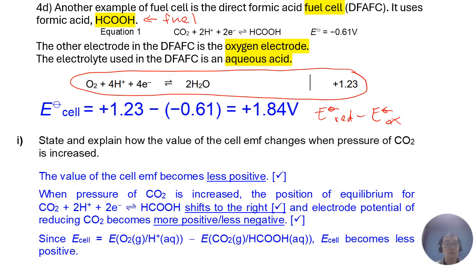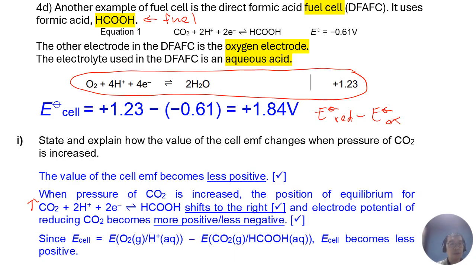They ask you how will the cell EMF change when the pressure of CO2 is increased. So when you phrase your answer, it's important to refer to the correct half equation. When your CO2 pressure is increased, it means the reduction of CO2 becomes more favorable, which means the E cell that involves CO2 reduction becomes more positive.